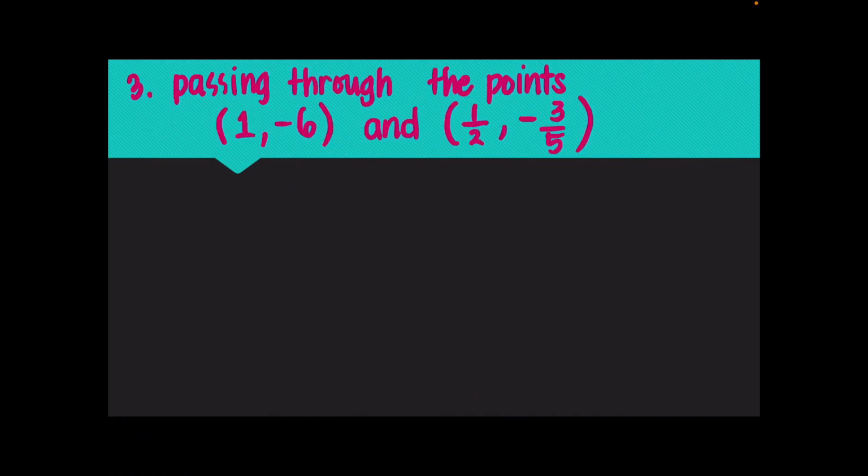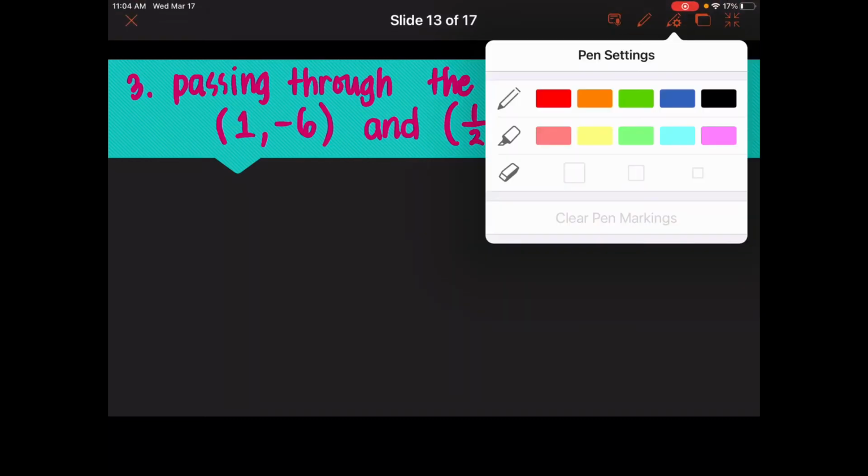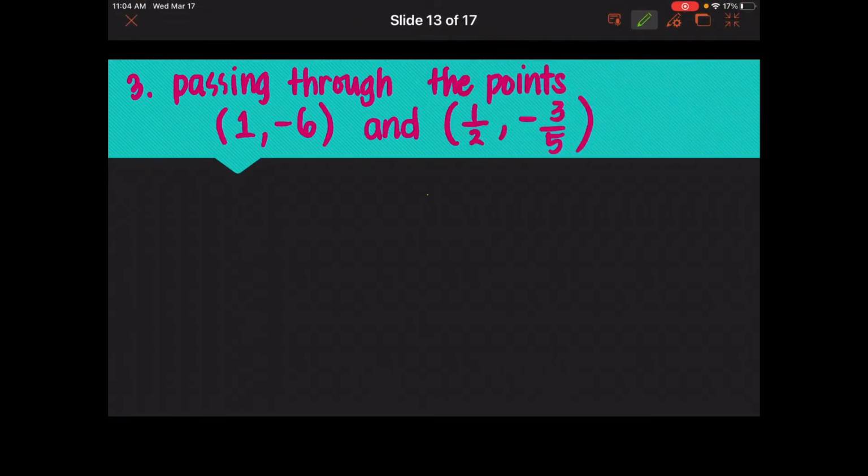Example number 3. Passing through the points (1, negative 6) and (1/2, negative 3/5). If you will notice, our second point has coordinates that are fractions. So let's start by labeling the points.